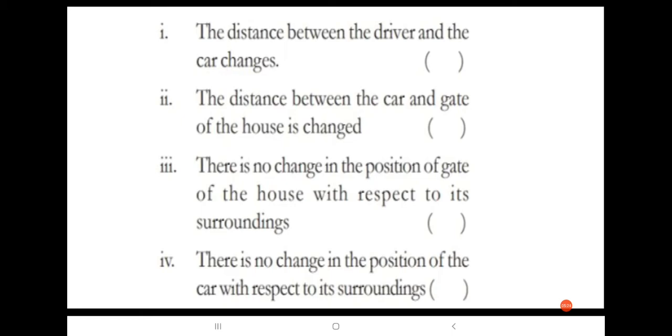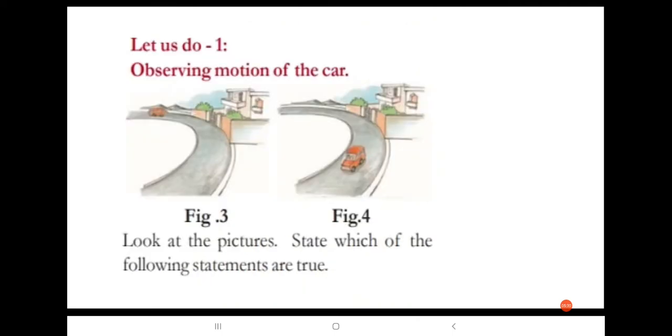Now, the distance between the car and the gate of the house is changed. Is it true or not? Here, in figure 3, the position of the car is here. In figure 4, the position of the car is here.